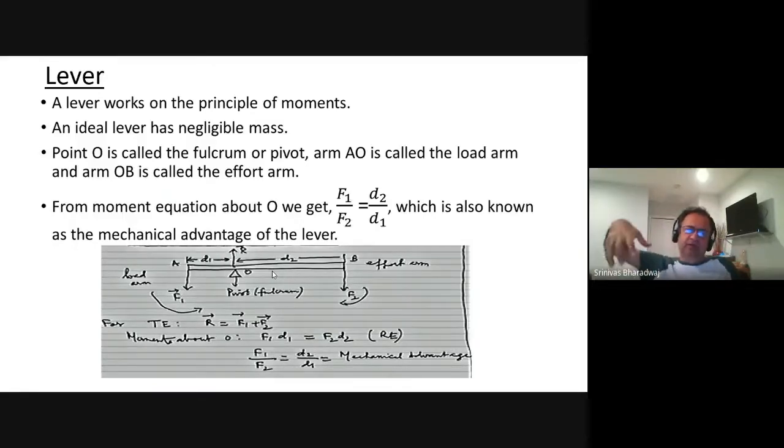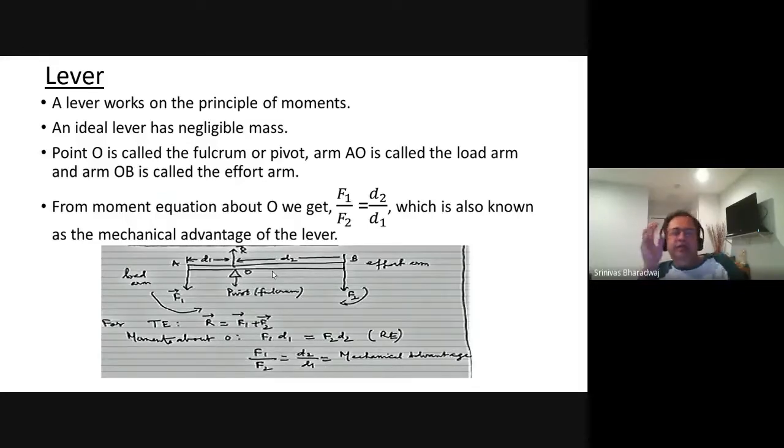Or how pliers work, they are all based on the principle of the lever. F1 D1 equals F2 D2. R cross F is the torque.